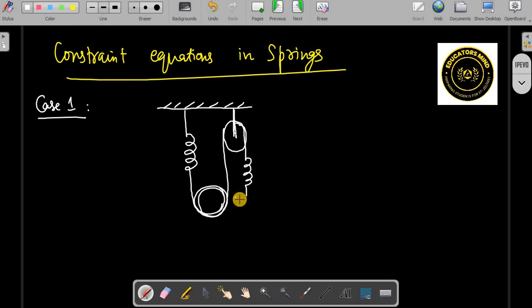Let's say the spring constant of this is k1 and this is k2. Here a block is suspended, some mass m.